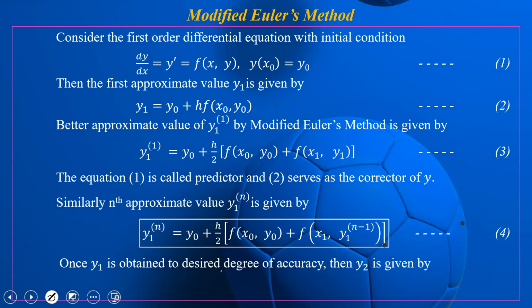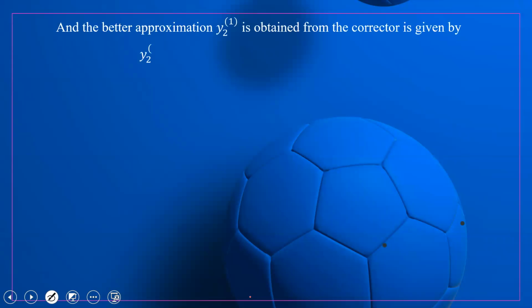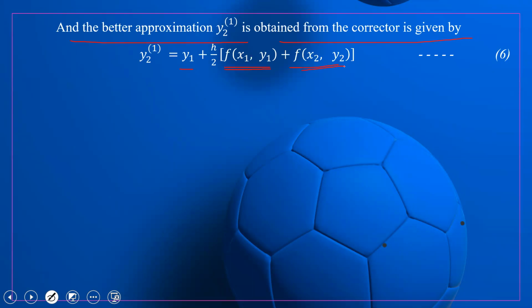Once y1 is obtained to the desired degree of accuracy, then y2 is given by the same method: y2 = y1 + h f(x1, y1). Then a better approximate value of y2 is obtained from the corrector, y2 first iteration = y1 + h/2 times the sum of f(x1, y1) and f(x2, y2).